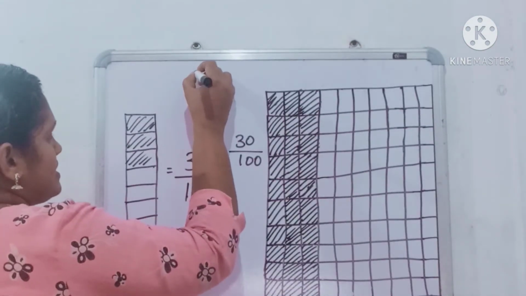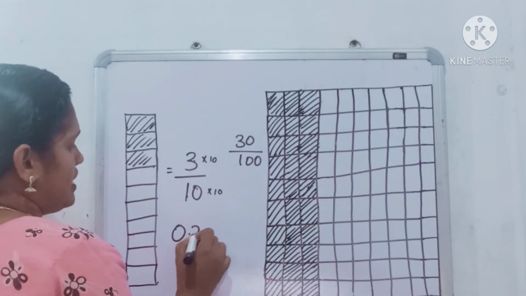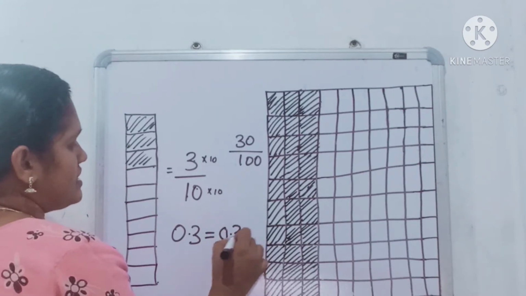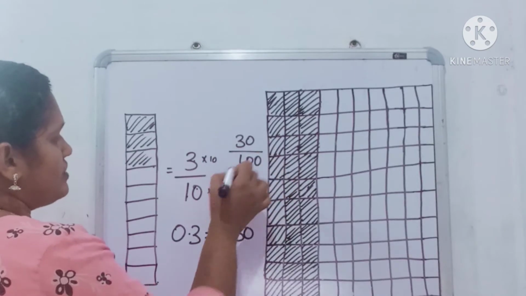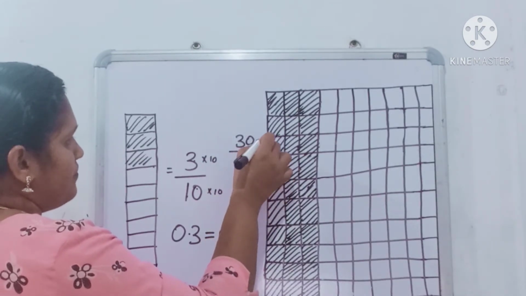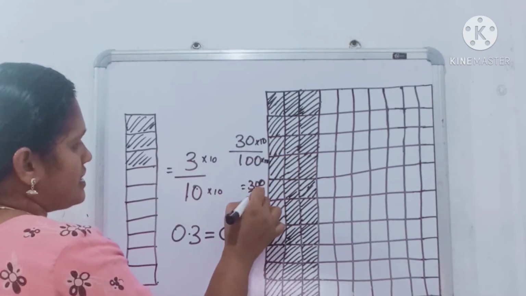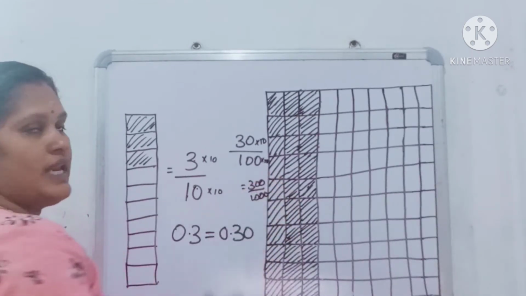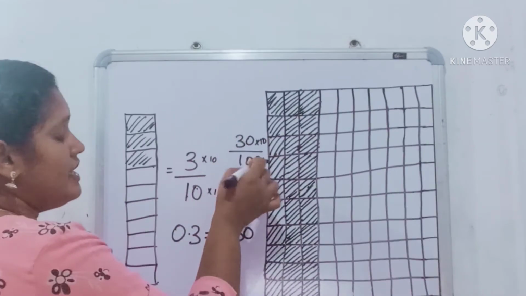Equivalent decimals. The decimal number of 3 by 10 equals 0.3. That equals 0.30. Clear? Then to get 1000 here, we should multiply by 10. So that equals 300 by 1000. That is also an equivalent fraction of 3 by 10 or 30 by 100.